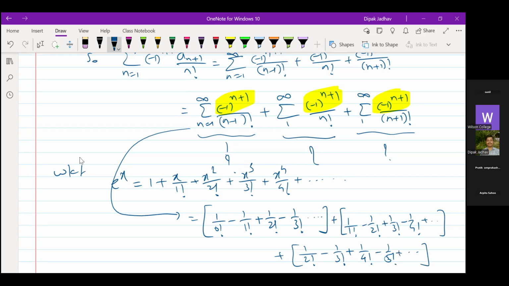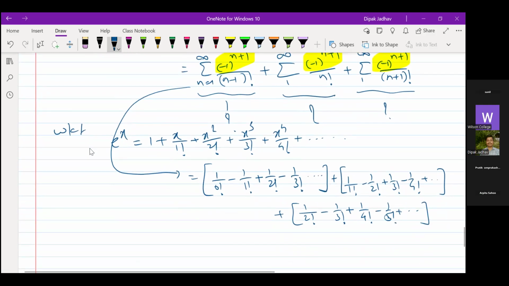There is something like alternating terms. So the power series expansion for e raised to x is valid for all x in R. So in particular, it is valid for x equal to 1. Put x equal to minus 1 in this.